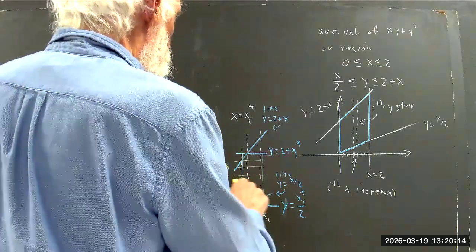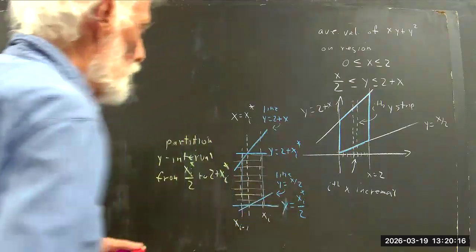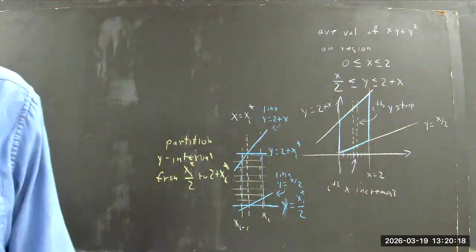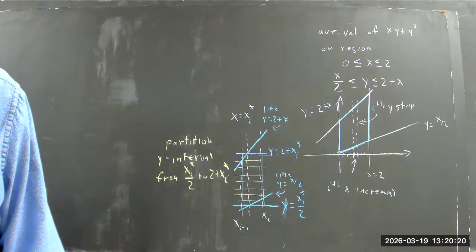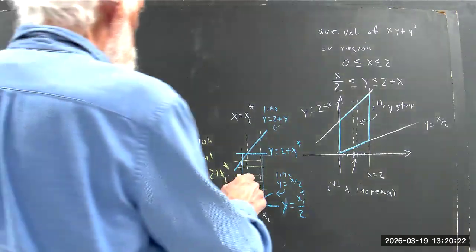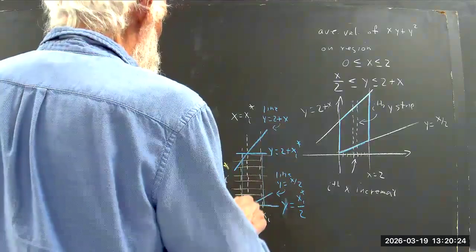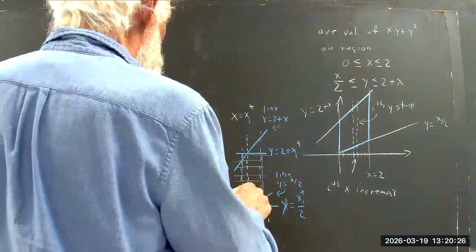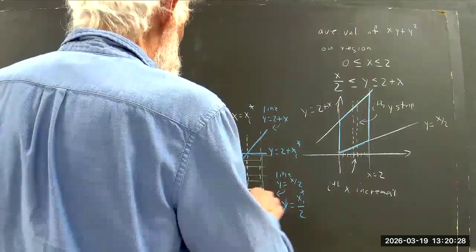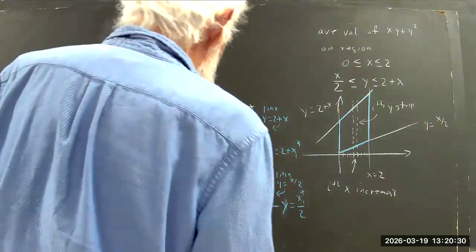So here are a bunch of y, okay, the y increments. Then we take a typical increment. Typical increment I'll take is one that's down here, which is a little easier to label.